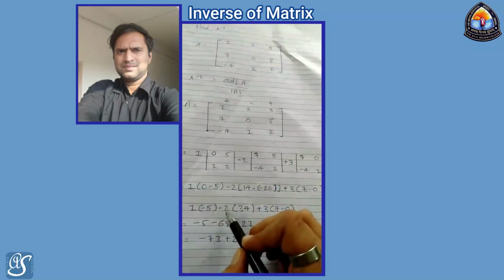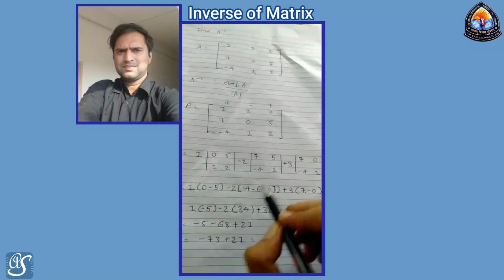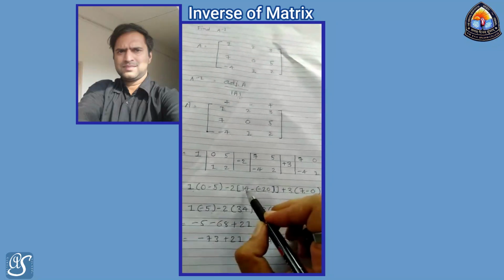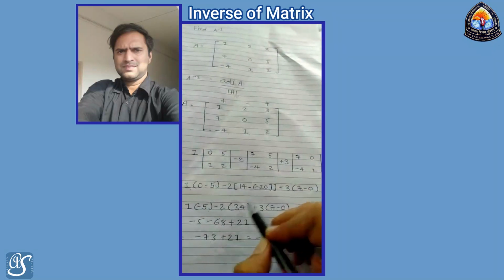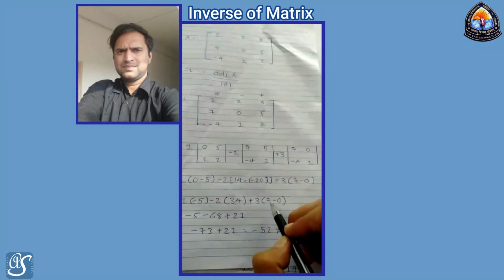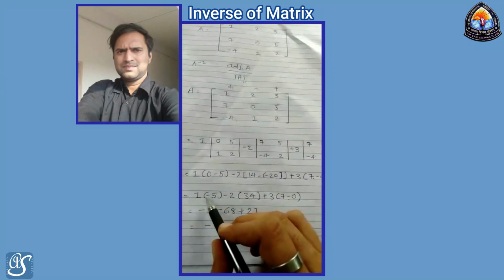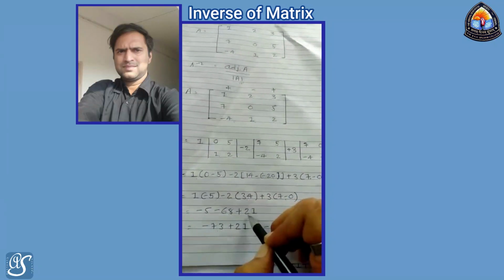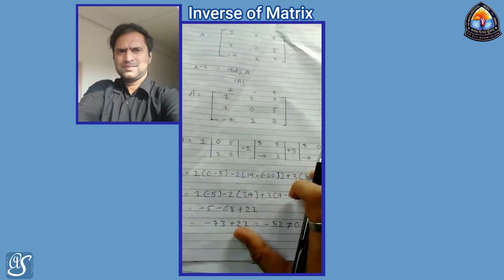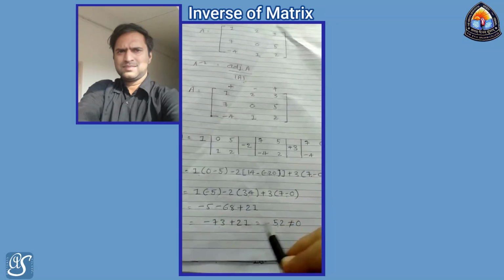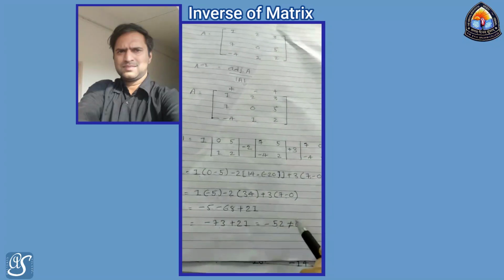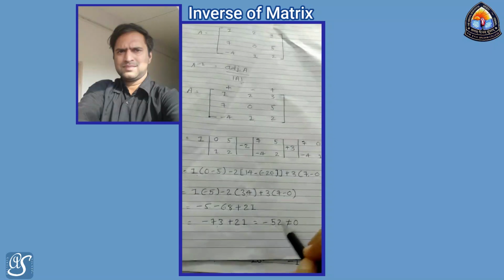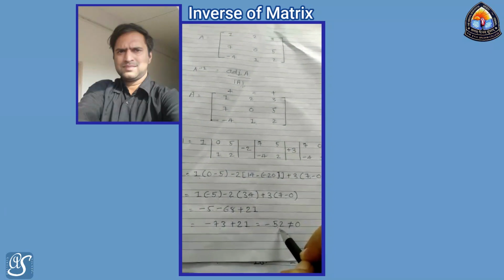So 1 into -5, minus 2 into 34, here minus minus plus, so 14 plus 20 is 34, plus 3 into 7. So 1 into -5 minus 68 plus 3 into 7, 21. So -73 plus 21 is equal to -52, which is not equal to 0. So determinant A is equal to -52.